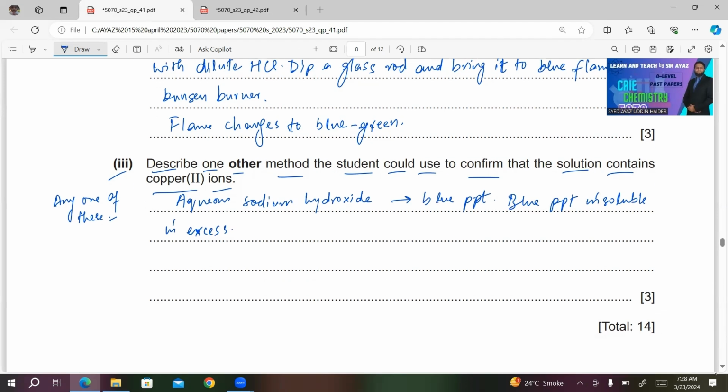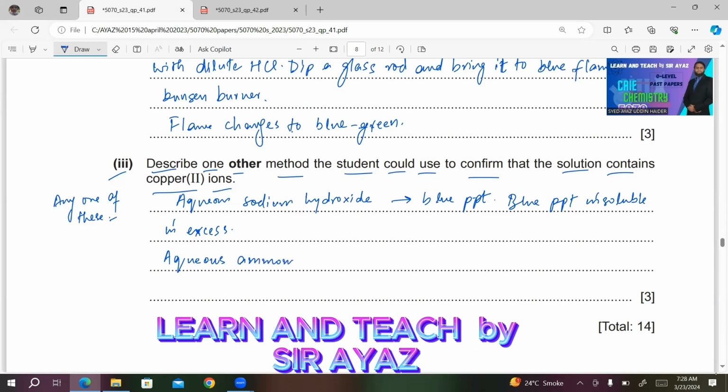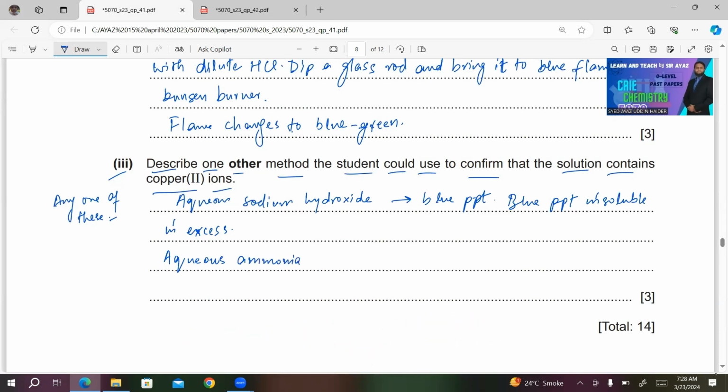Or you have aqueous ammonia, it also again gives blue precipitate.